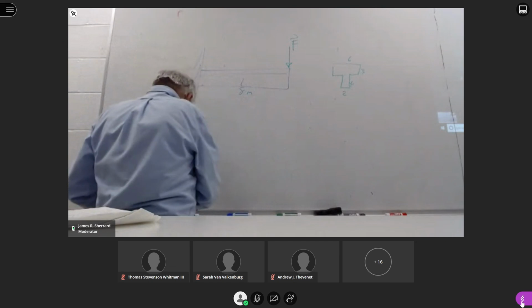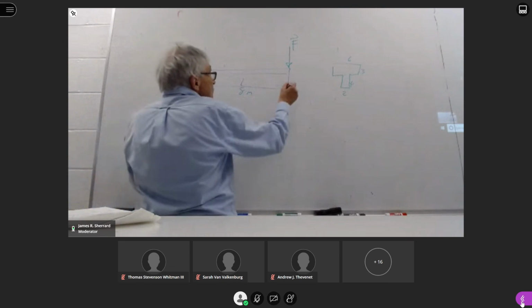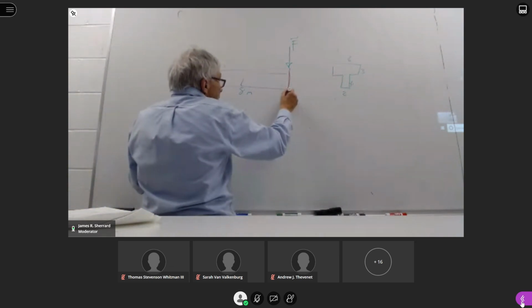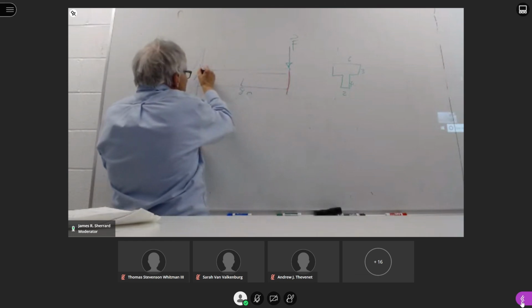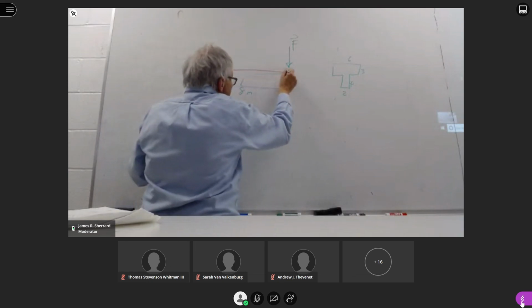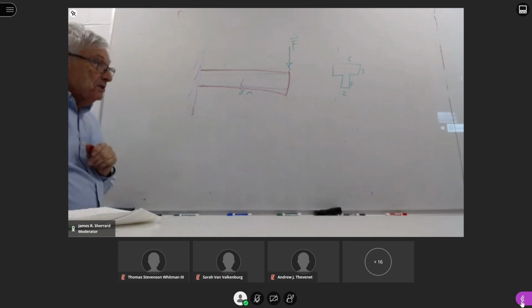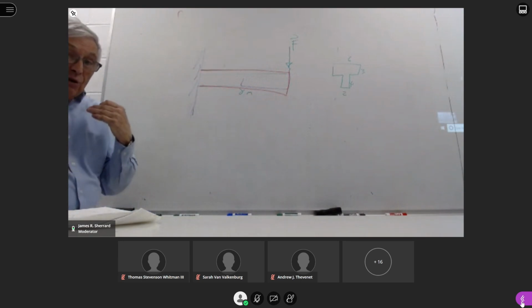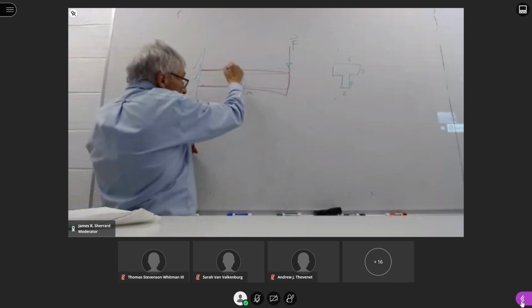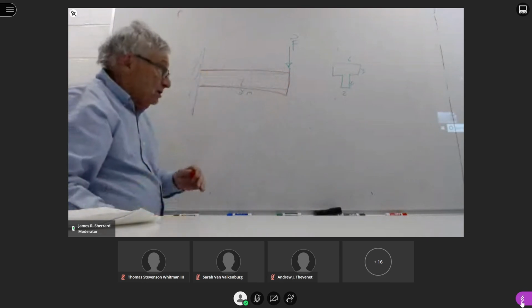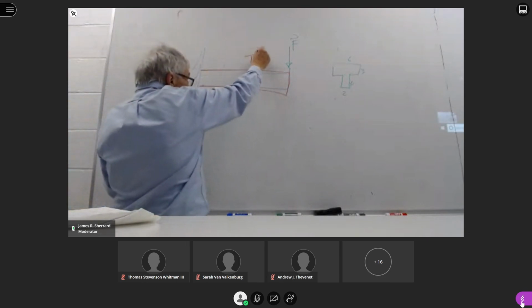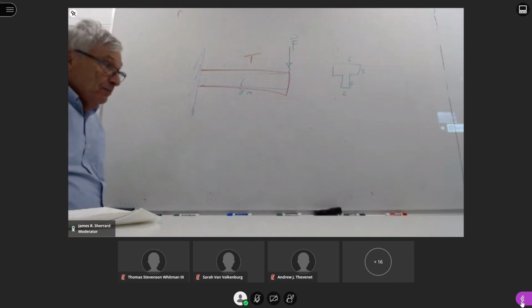This thing drops down. It stays fixed at this wall, but it drops down. If you look at that, the top part lengthens, so it's in tension.